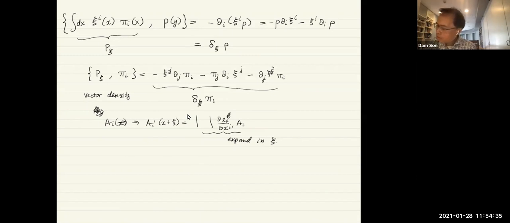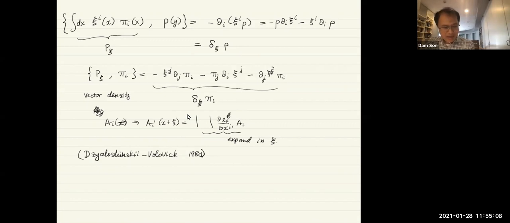As far as I can find, this was written down first in an article by Dzyaloshinskii and Volovick in 1980. I put that article in the file section of the Canvas.